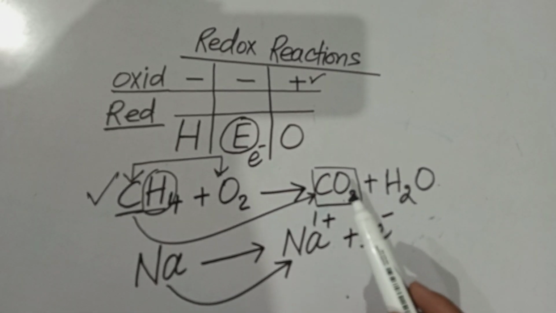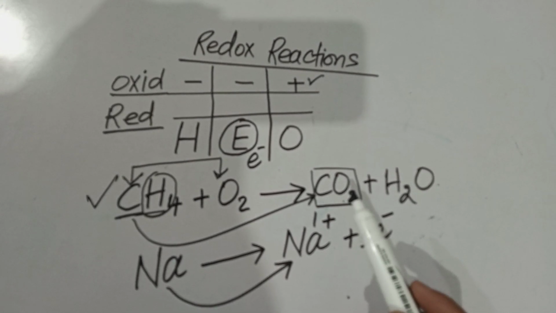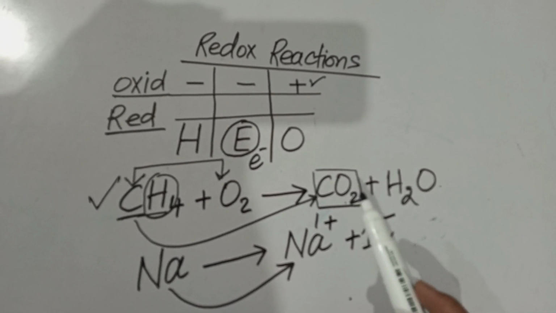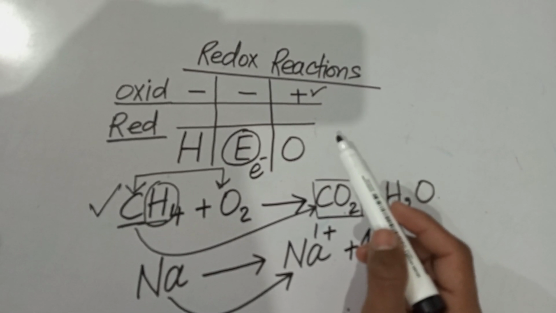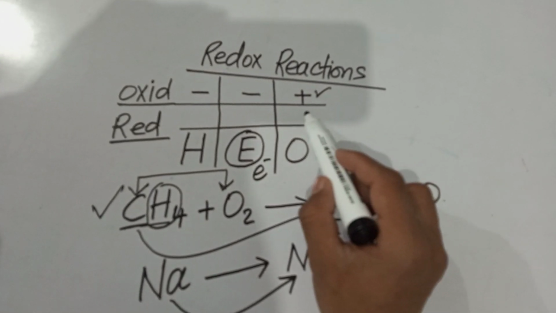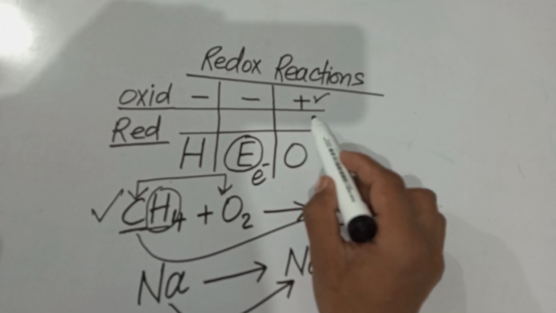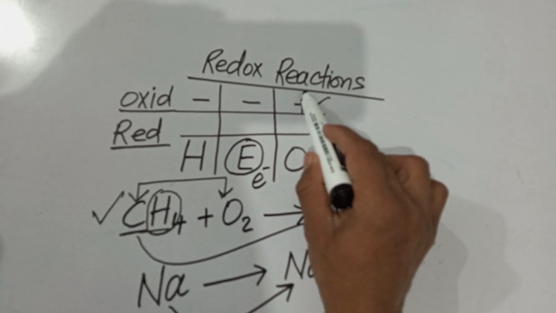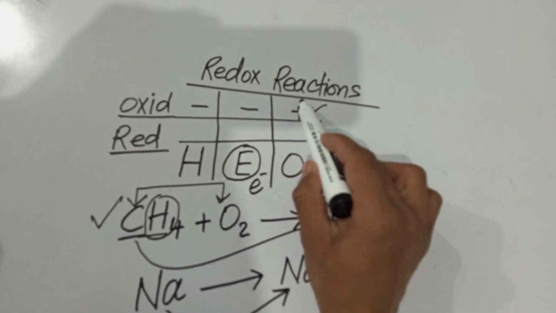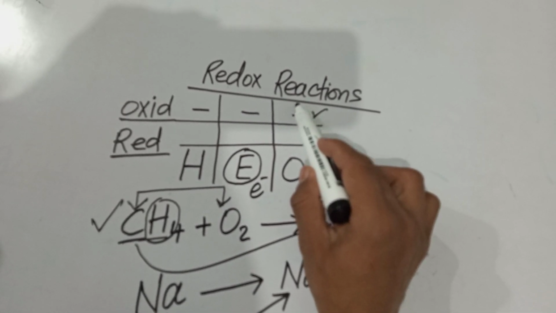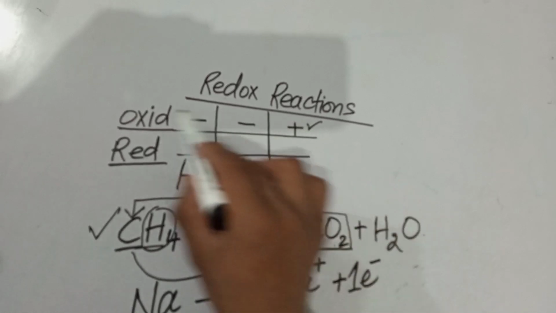In the next step, we focus on reduction reactions. Reduction is the reverse of oxidation. In the first step, we will focus on oxygen. In oxidation, if oxygen is added to an element, then the element undergoes oxidation.